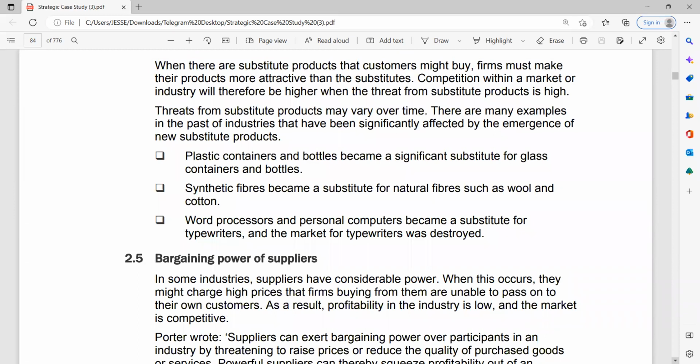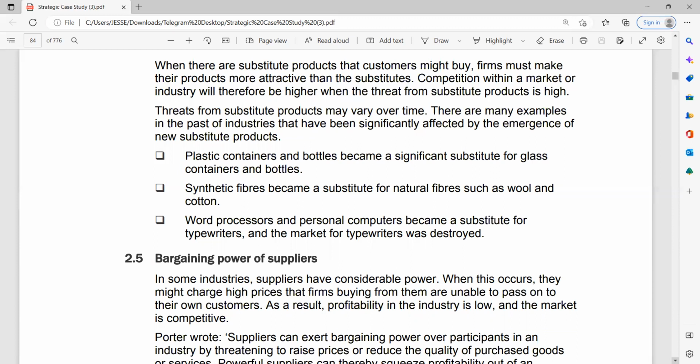When there are substitute products that customers might buy, firms must make their products more attractive than the alternatives. If it's easy to switch from one product to an alternative, what do you think the impact would be? Competition would increase. If it's hard to do that, competition falls.